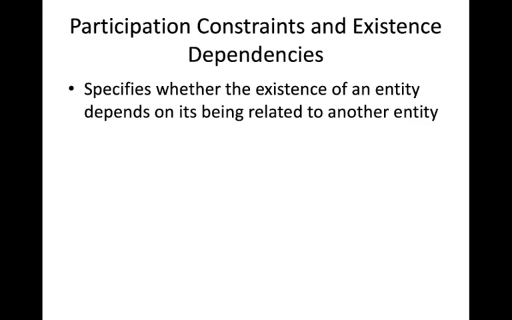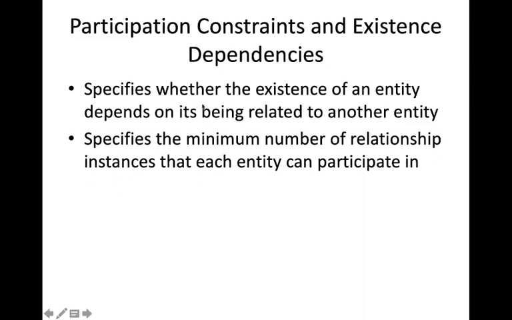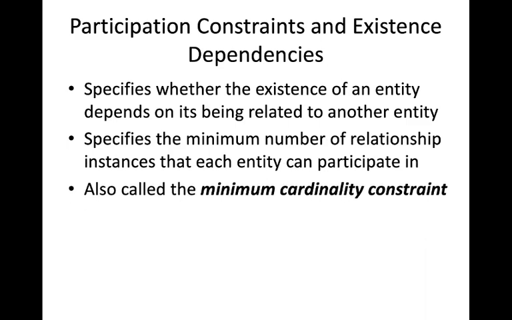The previous one was a maximum constraint, where we specify the maximum number of instances that can occur. Here we specify the minimum number of relationship instances that each entity can participate in. This is also known as minimum cardinality constraint. The other one is known as maximum cardinality constraint, and this is known as minimum cardinality constraint.